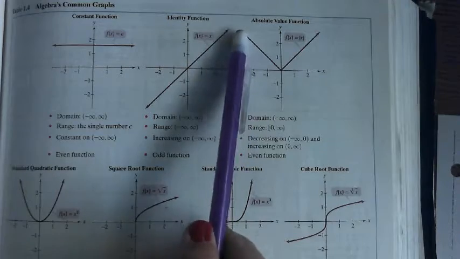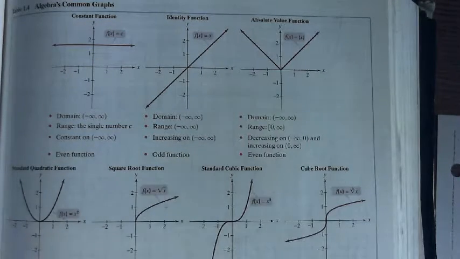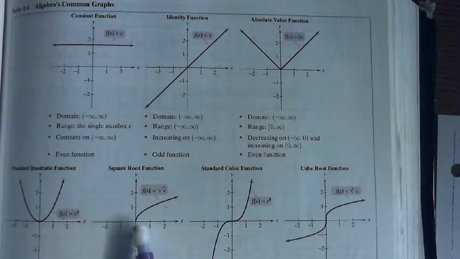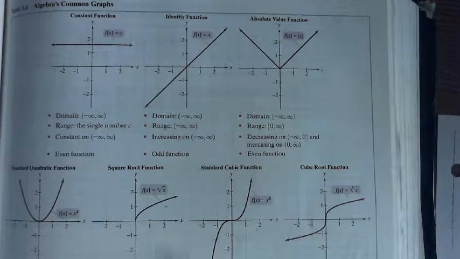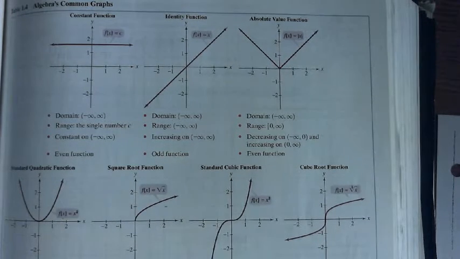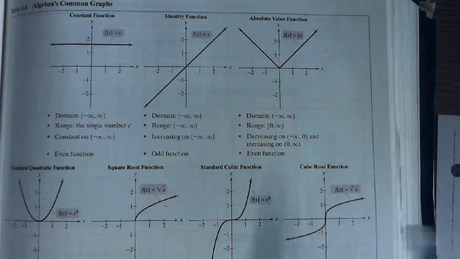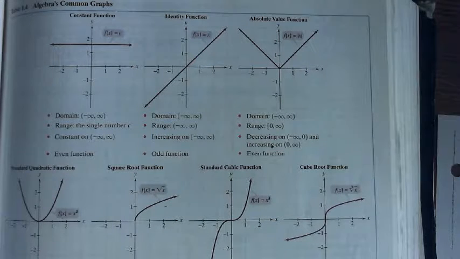Your absolute value function, y equals the absolute value of x. A basic quadratic, y equals x squared. A basic square root, square root of x. A basic cubic function. And then a cubed root function.